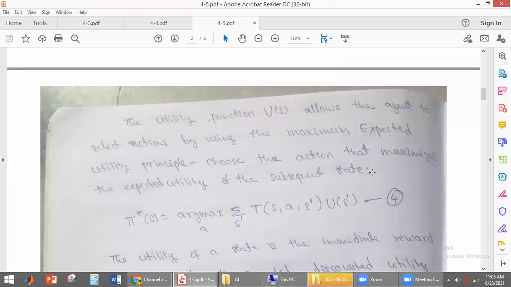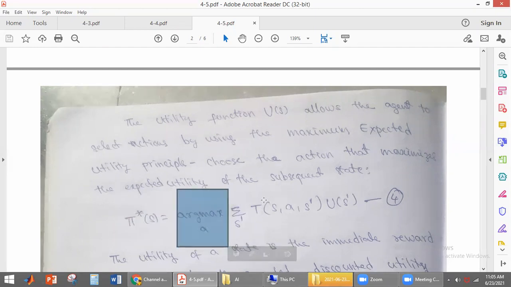Whichever direction has the maximum expected utility, that particular direction will be considered, students. So what is pi star of s? It is the optimal policy. The optimal policy takes the action leading to the state with the maximum expected utility.